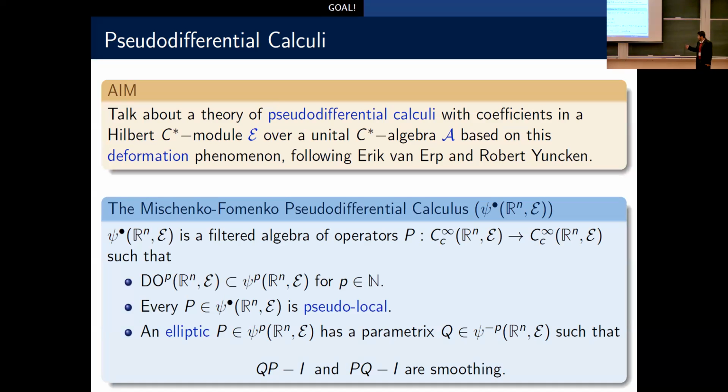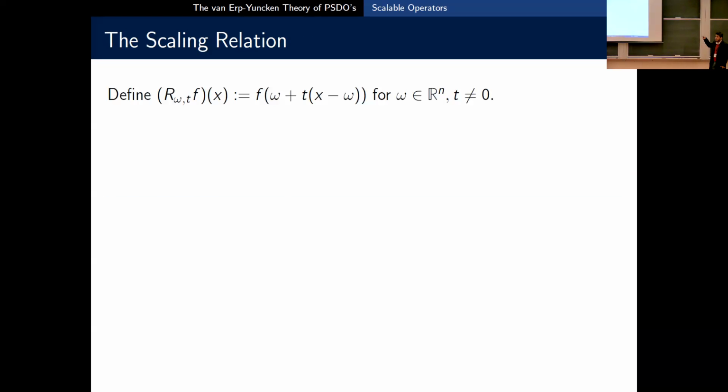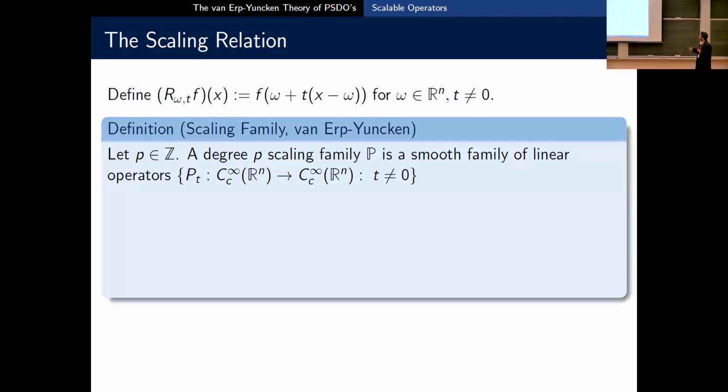Okay, so let's get down to business. What is this van Erp and Yuncken theory I'm talking about? I would now consider rescaling operators as I had considered before, but now over a family of points on R^n, about fixed points omega. And what is this scaling family? This is the main definition, called a scaling family.